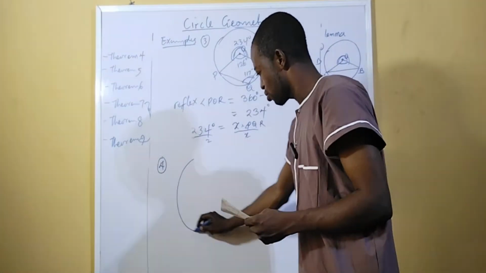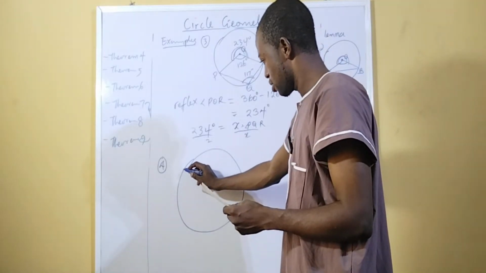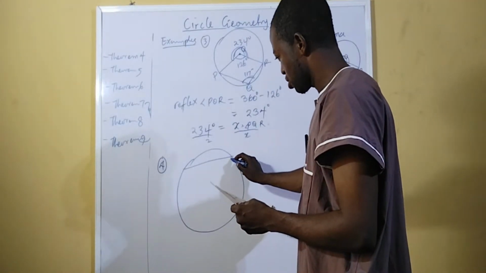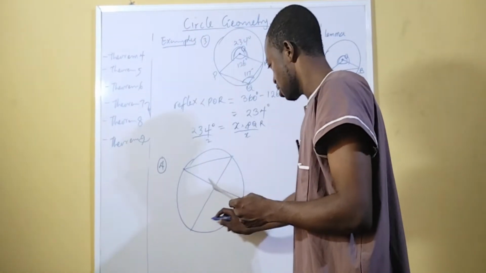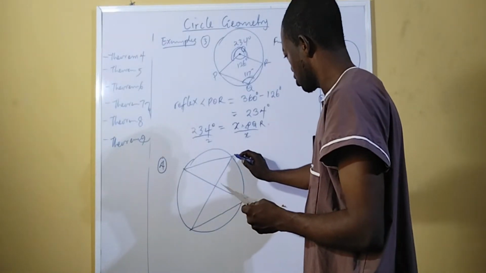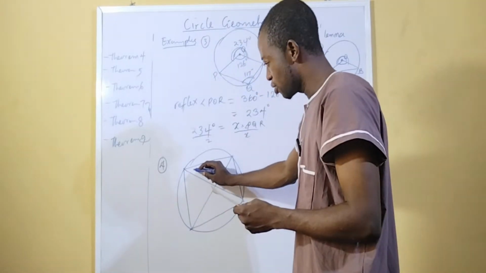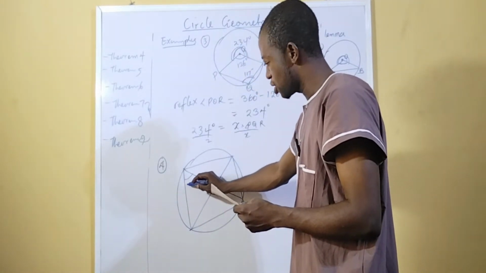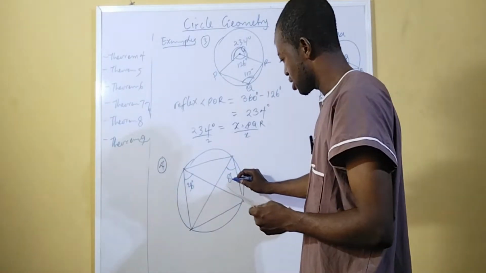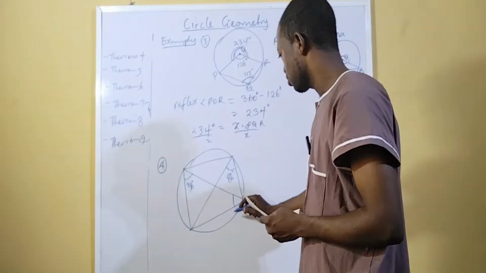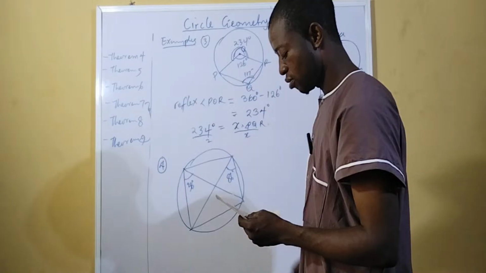We have this circle, and here we have a chord with this and this line crossing it. Also, we have a chord here. These join each other. These also join each other. And this angle is giving us 38 degrees. This is giving us 86 degrees. Here we have this angle, okay.